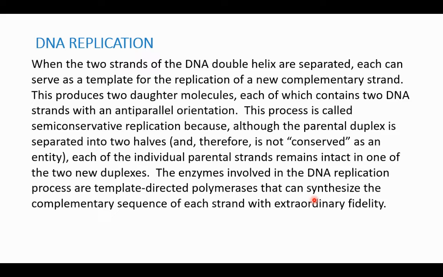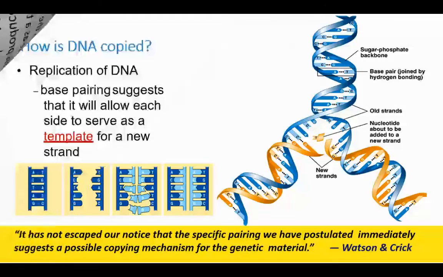Okay? So usually you have enzymes that are involved in the DNA replication process, which are template-directed polymerases that can synthesize the complementary sequence of each strand with extraordinary fidelity. Okay, so how is it copied? This is still an overview.